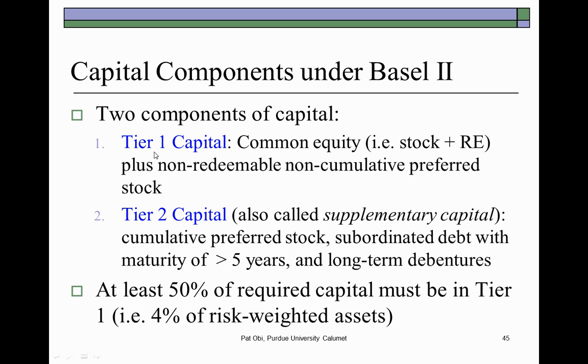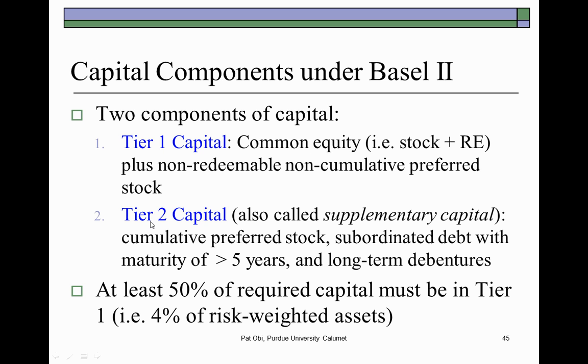Tier 1 capital is common equity of the bank, which is the real investments made by those who own the bank, and that'll include their original stock investments plus any accumulated retained earnings. Additionally, we have to include non-redeemable, non-cumulative preferred stock because this type of preferred stock is pretty much the same as a common stock.